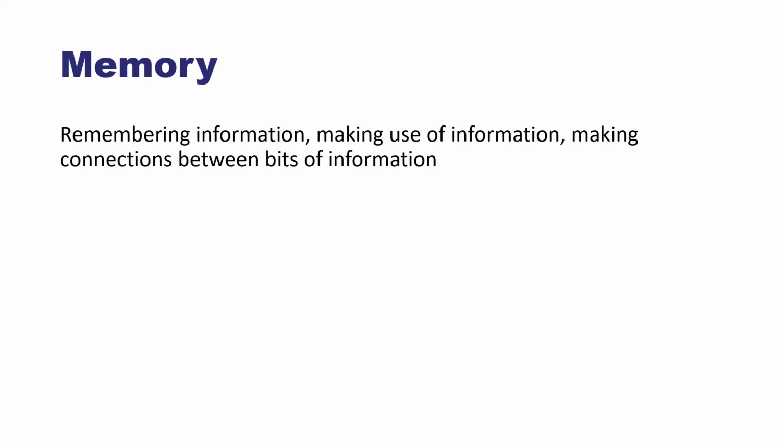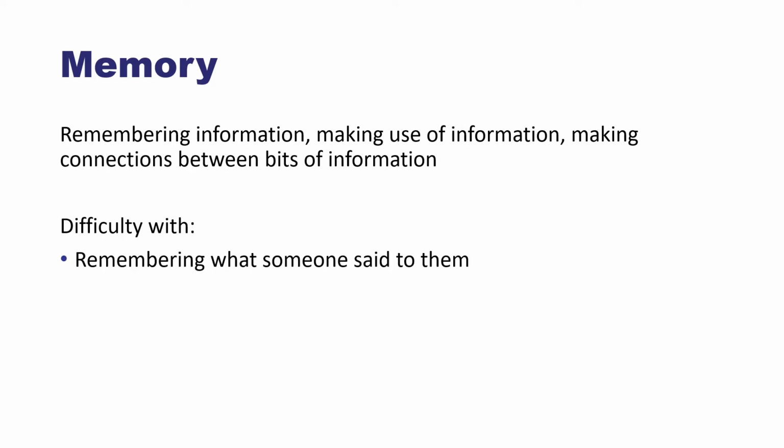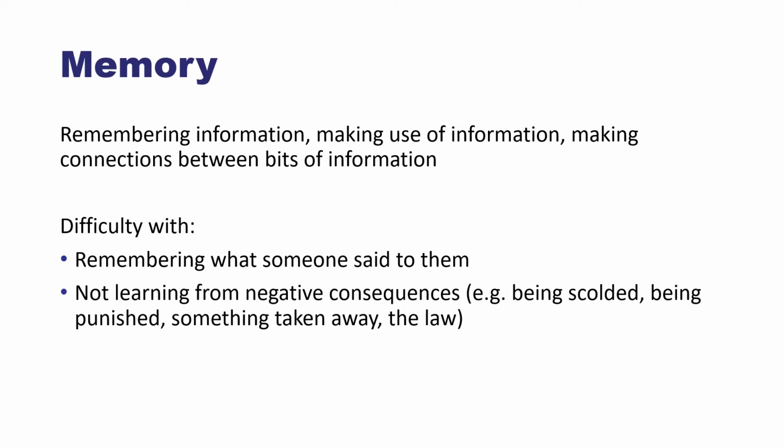Okay, the first performance area we'll talk about today is memory. And memory is not just remembering information, but it's also making use of information, making connections between bits of information as well. So your child with FASD may have difficulty with remembering what someone said to them, not learning from negative consequences.